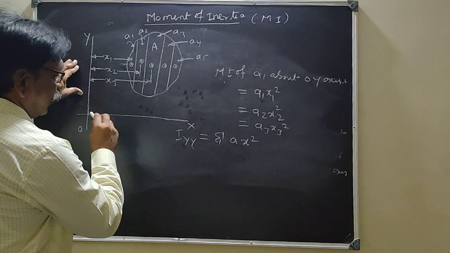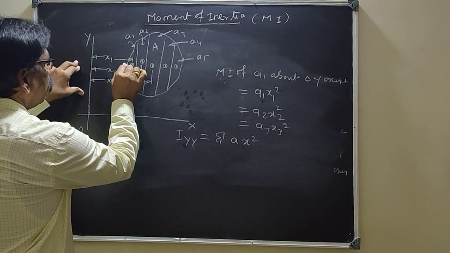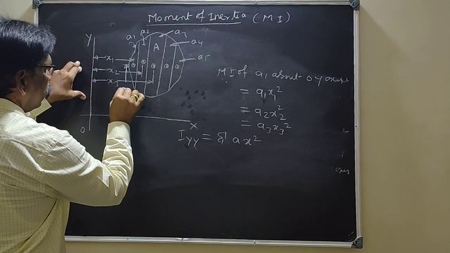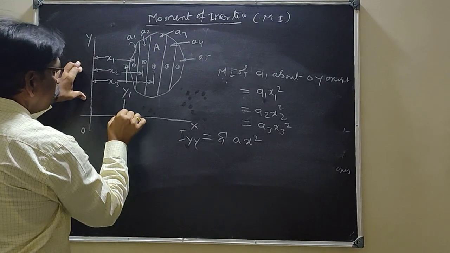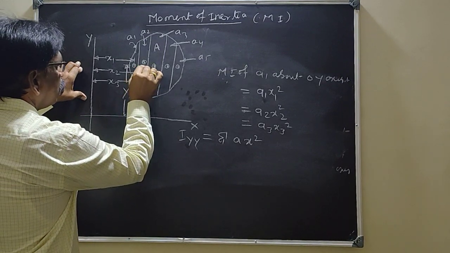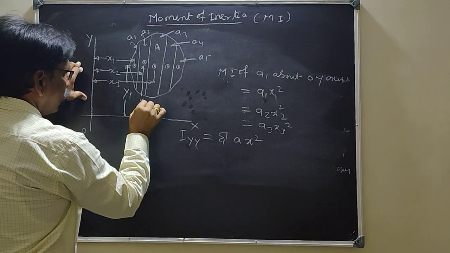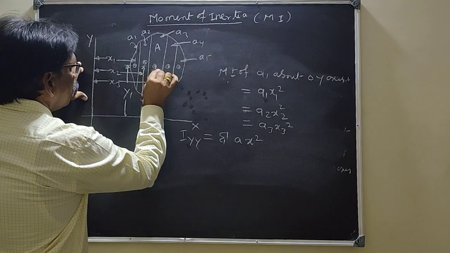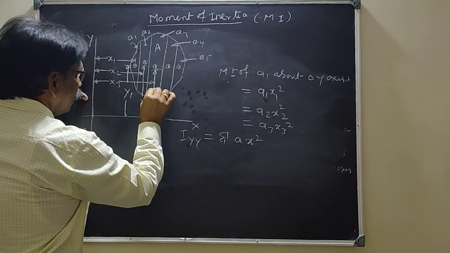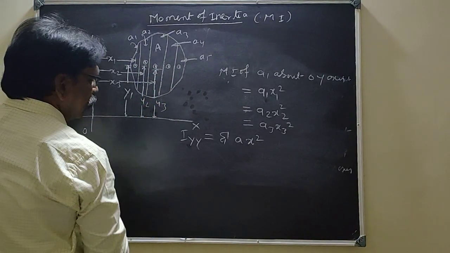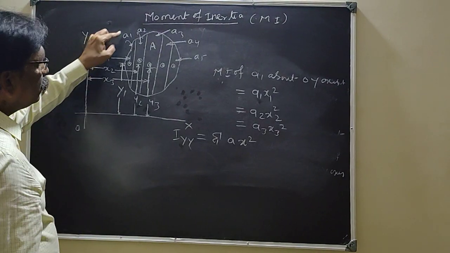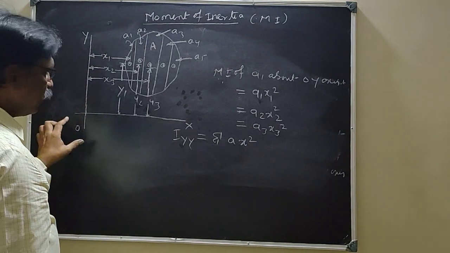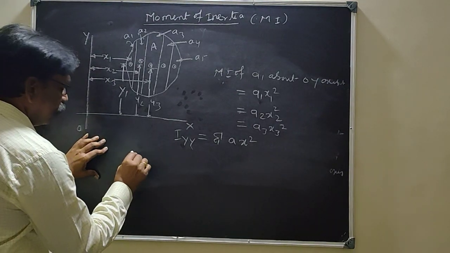Similarly, if we take the distances of these with respect to the OX axis, that is y1, y2, and y3, then the moment of inertia of these elemental strips about the axis OX is given as follows.